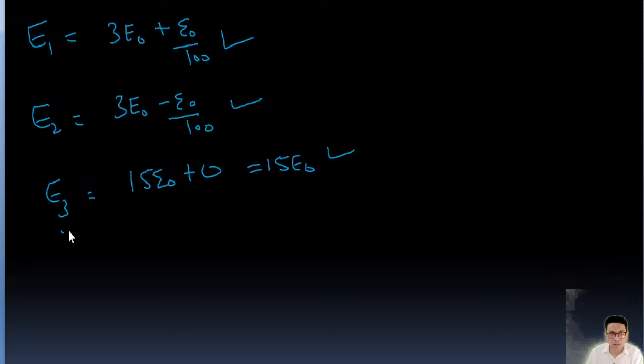Well, next is this one, time dependent perturbation theory, okay? Time dependent perturbation theory we are going to discuss, very important.